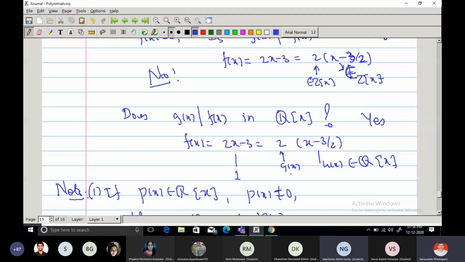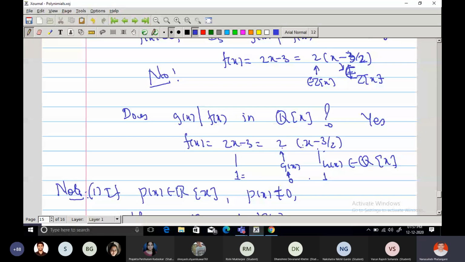And x minus 3/2 has degree 1. So both have degree at most n, not greater than. So the degree of f(x) is 1. Then the degree of the factors of f(x) is certainly less than or equal to 1. Why? Because if you multiply these two factors, the degree will be the sum of degrees, and that would be greater than the degree of f(x). That cannot happen. Therefore the degree of these two factors must be less than or equal to n.